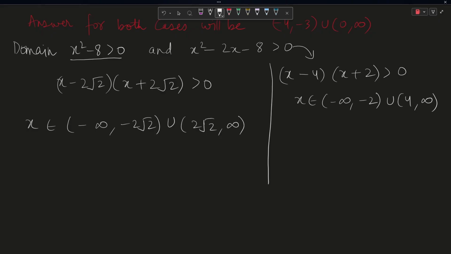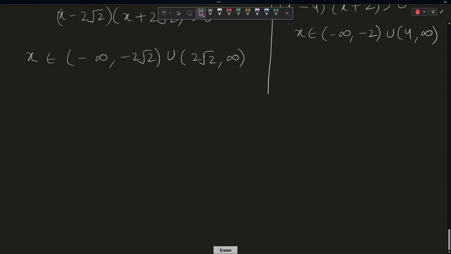Right? Now we will plot these points, and after plotting them, we will calculate the final domain of our inequality. So I can say minus 2 root 2, then minus 2, then 2 root 2, and then 4. Now let me first check what the value of 2 root 2 is. So we have plotted minus 2 root 2, minus 2, 2 root 2 and 4.